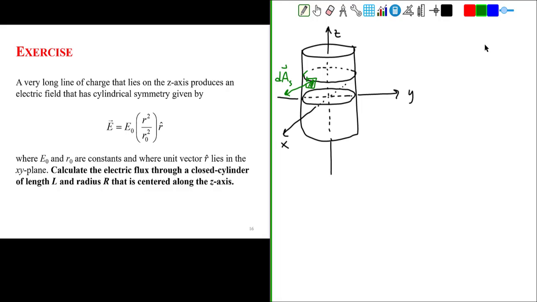We know that the electric field has cylindrical symmetry, so I could just again illustrate that with some lines.